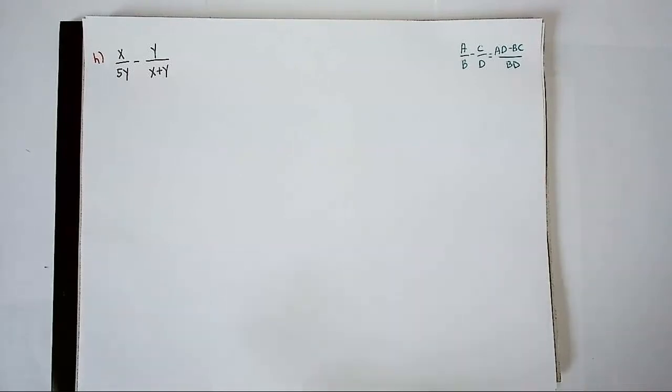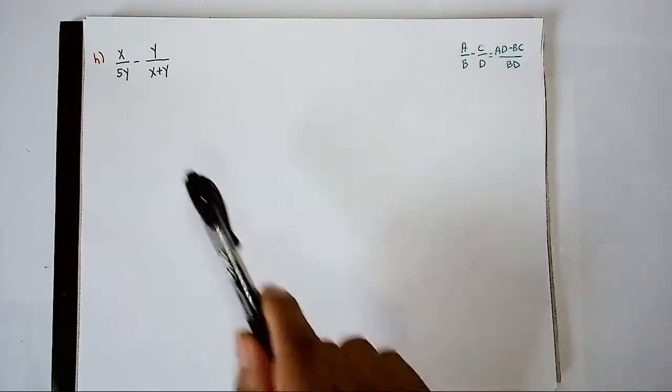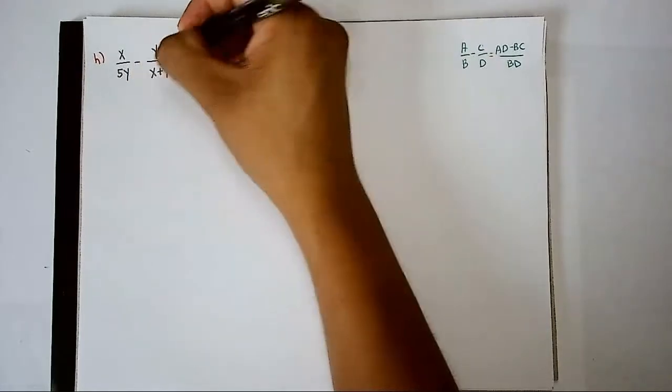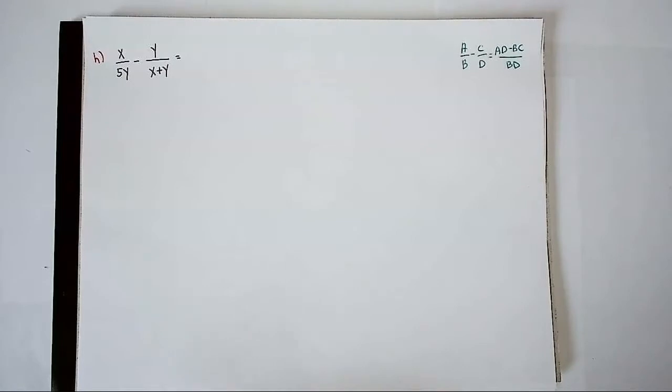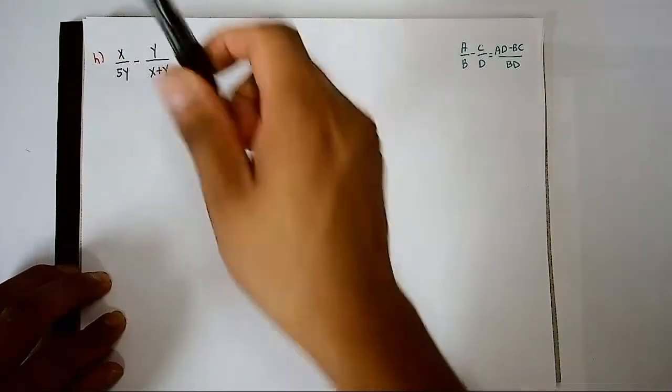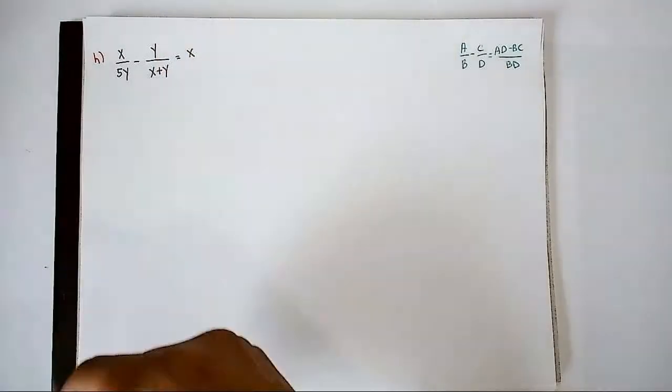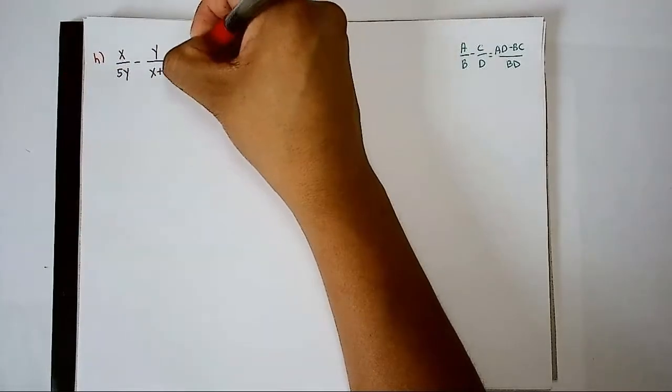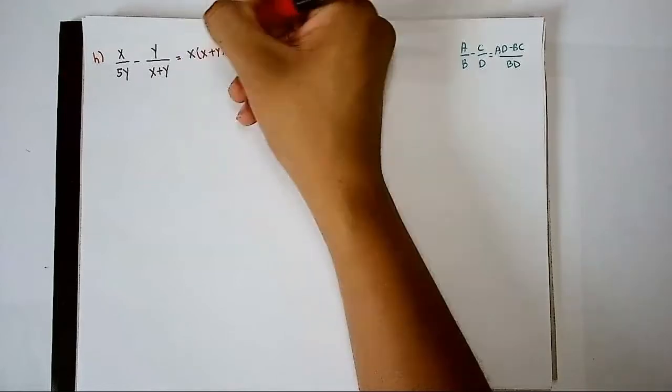In example H, we have the subtraction of two fractions with different denominators. Therefore, we will proceed using this formula. x times x plus y.